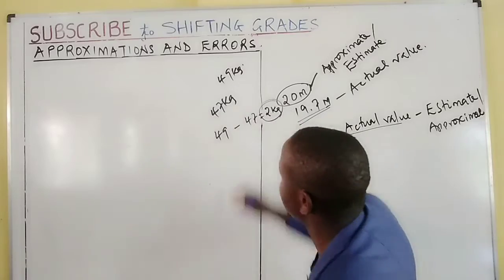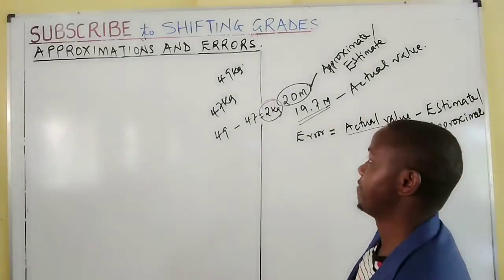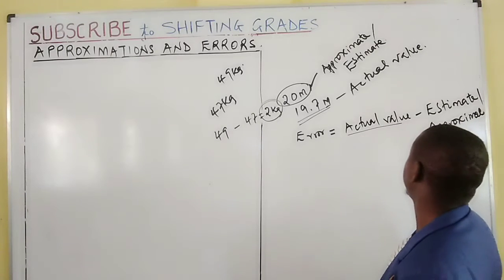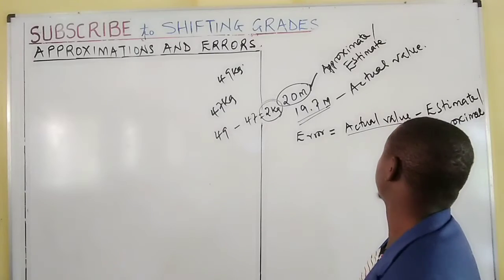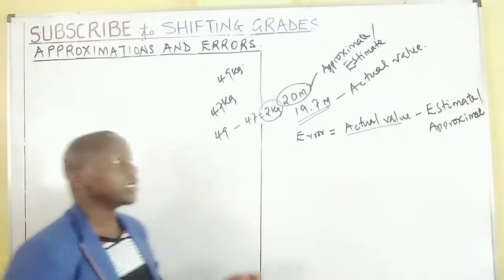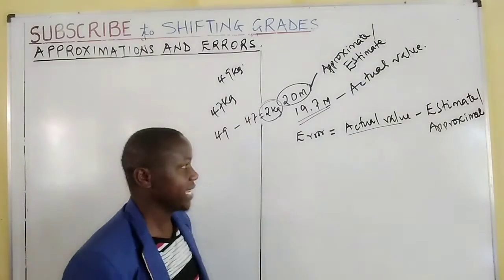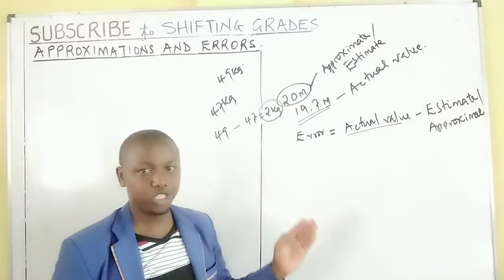We say this one is an error. You have made an error of 2 kilograms. Therefore, an error is the difference between the actual value and the approximated value.